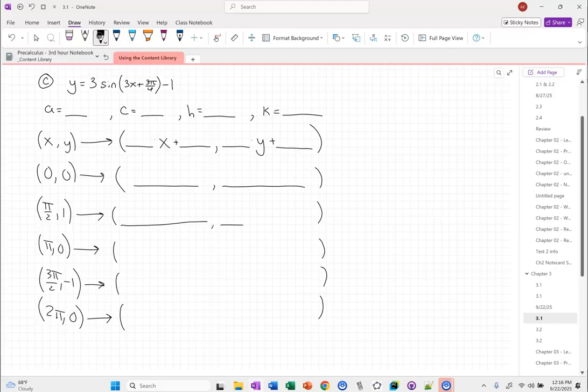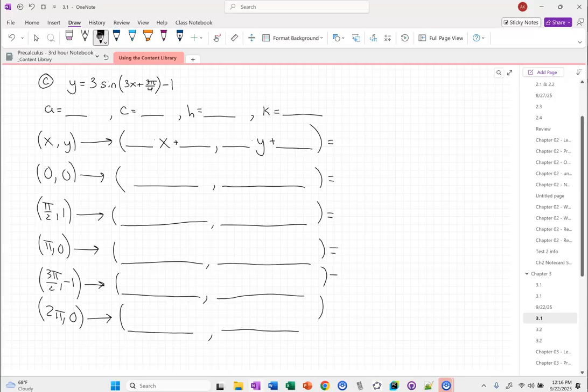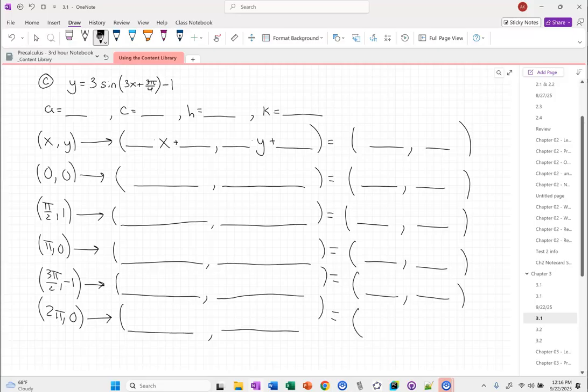So I have some blanks here. It'll look like that, and they'll have a grid for you to fill in, like an X, Y axis.